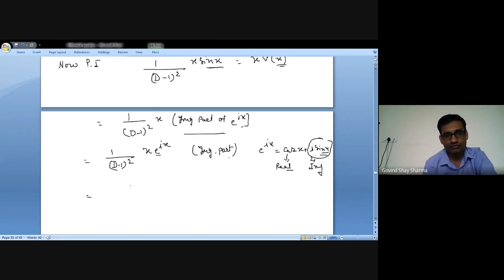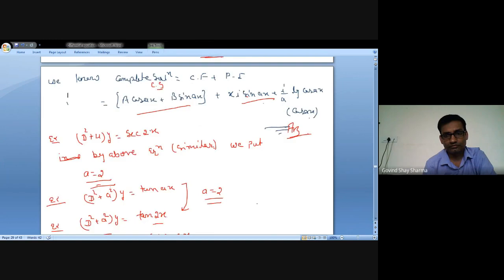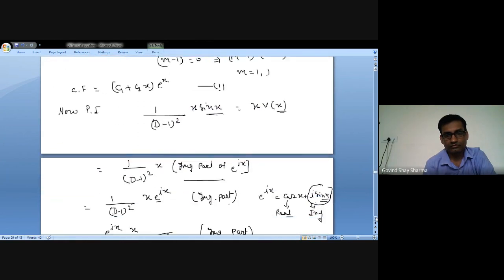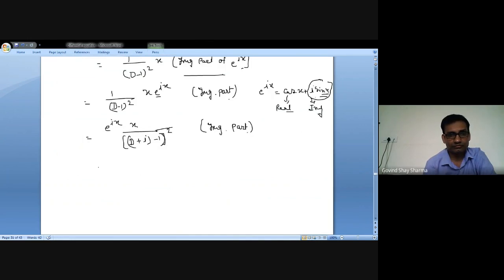So we can write e to the power iota x, with d replaced by d plus iota, giving 1 upon d plus iota minus 1 whole square operating on x, imaginary part.